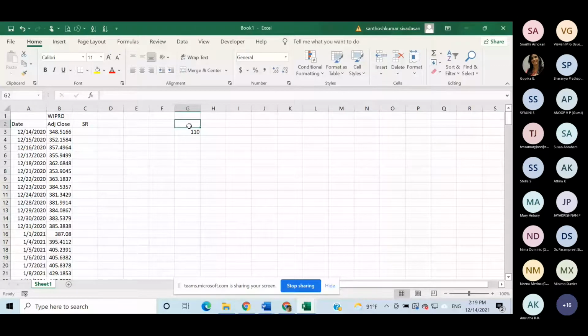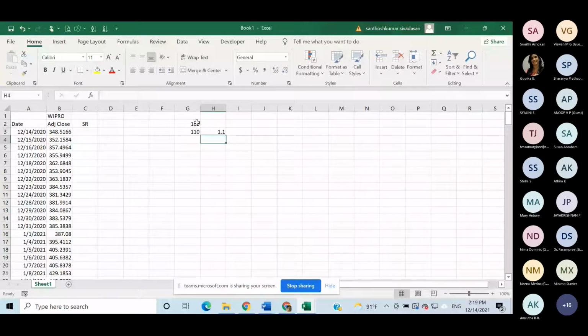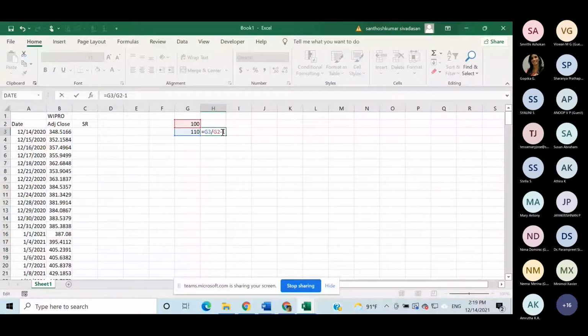So today's price divided by yesterday's price is equal to 1.1, right? So this minus 1 will give you the return.